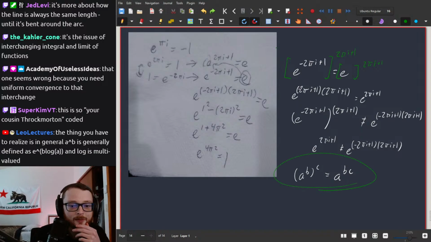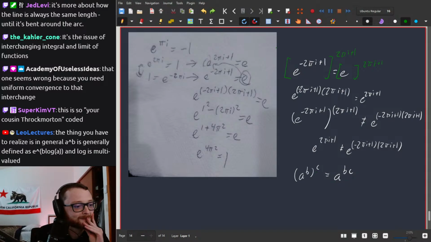And so basically, we've concluded that this property does not hold for complex numbers, at least if C is complex. And so this problem reminded me of the problem that you showed us. That's why I was showing it, where the line is always the same length until it's bent around the arc.